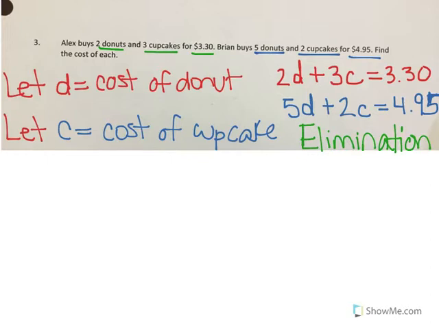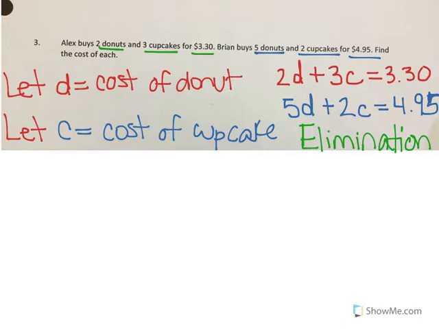You need to figure out whether you want the C's to cancel or the D's to cancel. In this problem, I'm probably going to cancel out the C's because we can work with smaller numbers to multiply.